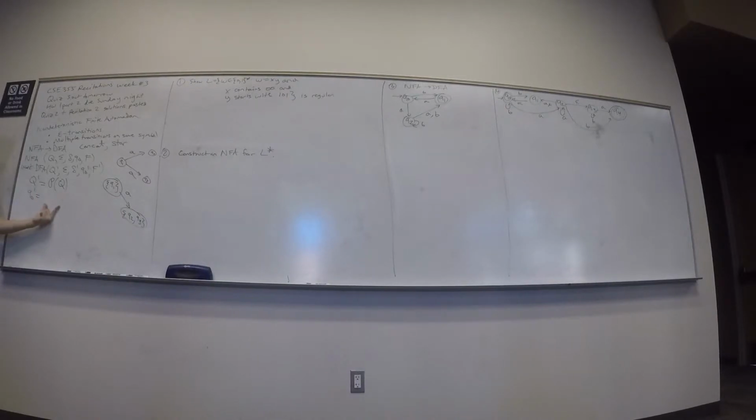So I better write down a set over here, because it's representing a set of states. Well, what set would be good for the start state? Set of start states? The start state of the NFA. That seems perfectly logical, right? So I'm going to have the start state.